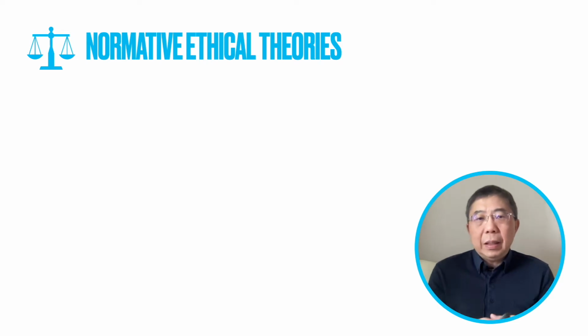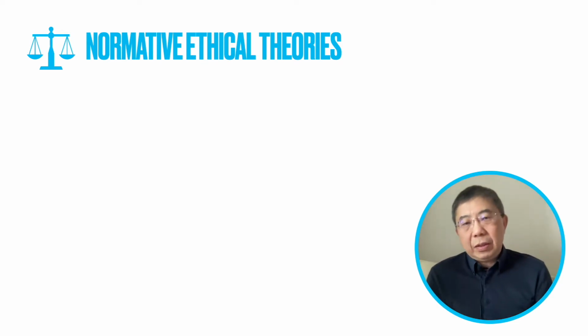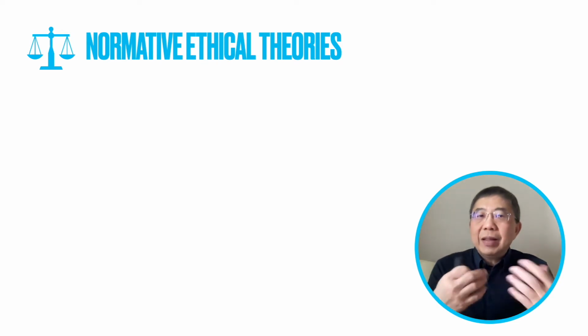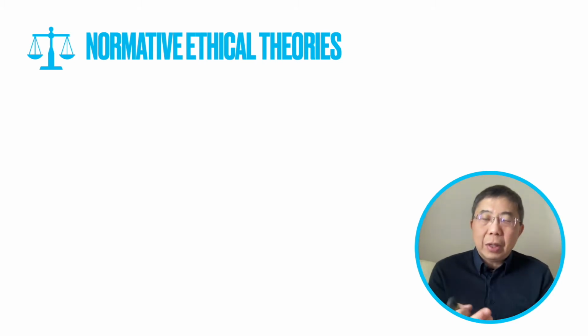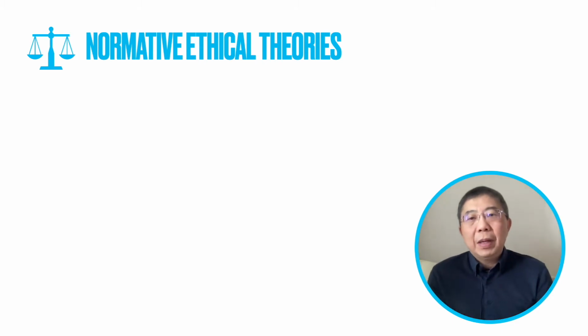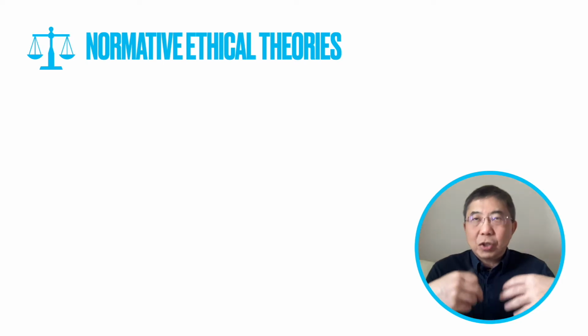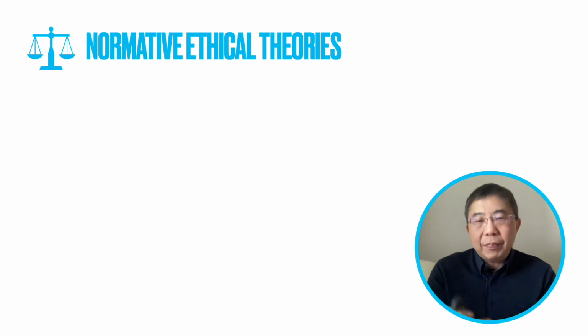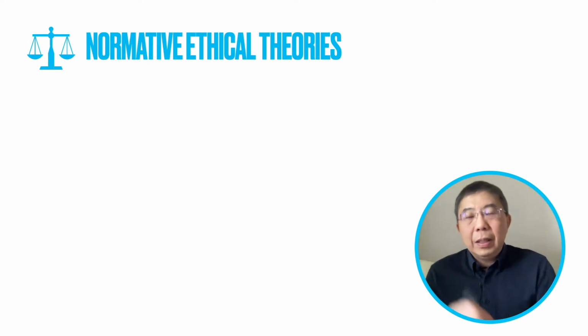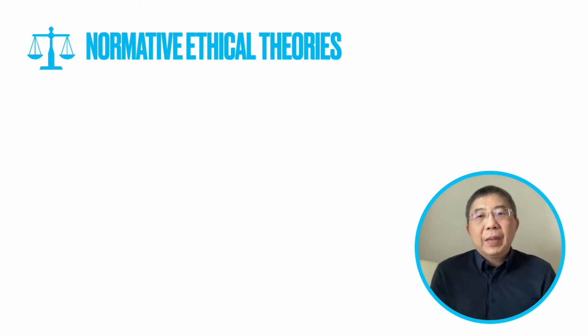Now let's look at what normative ethical theories are. As I said, ethical theories are rules that are rationally developed to explain why something should be done this way. This is the right way rather than the wrong way.